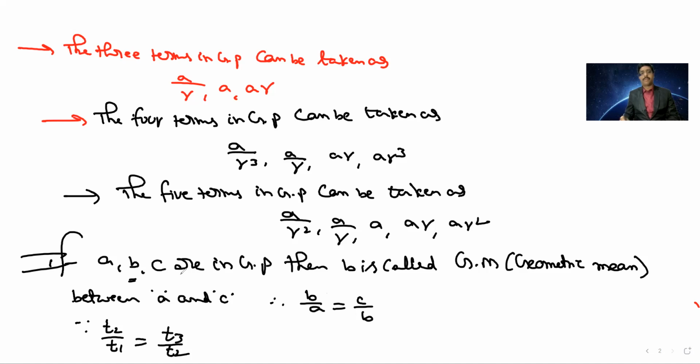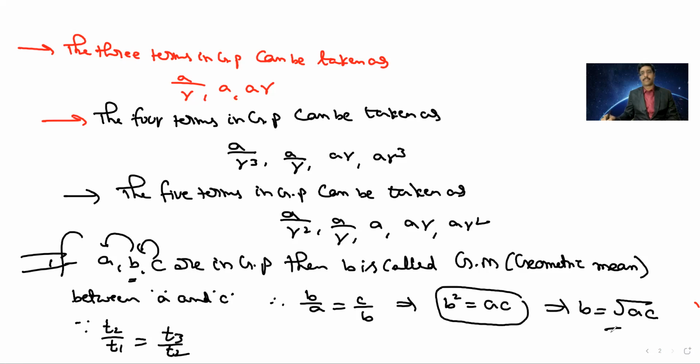B by A is equal to C by B. Let us do cross product: B square is equal to AC. Therefore, B is equal to root AC.